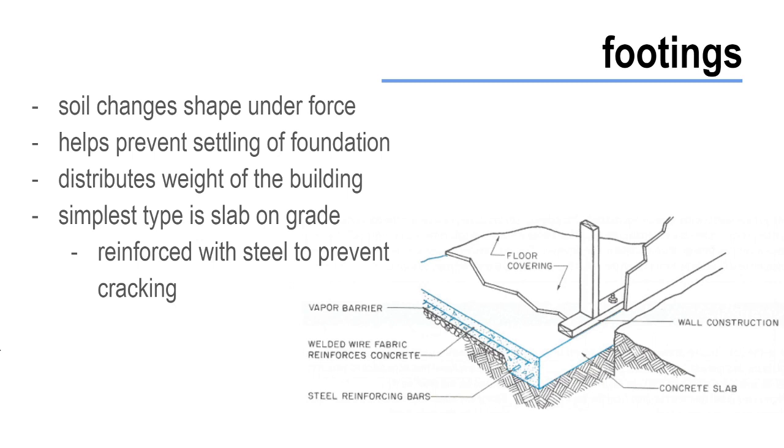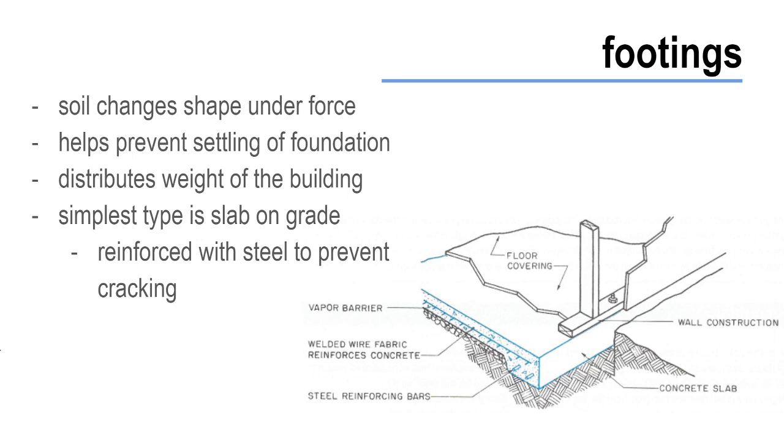The simplest type of footing that would be used in residential construction is what we refer to as slab on grade, which, despite weather conditions here in Boone, is what I have at my house.